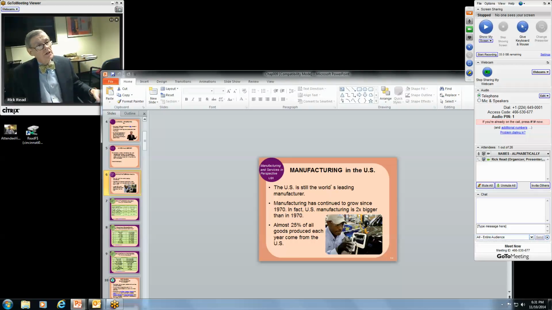And that's why I say you have to read this very carefully to make sure that you get the salient pieces. Manufacturing has continued to grow in the United States since 1970. And it's twice as large today as it was in 1970, even though, and this is the critical part, we have fewer manufacturing jobs, fewer people are employed in manufacturing.